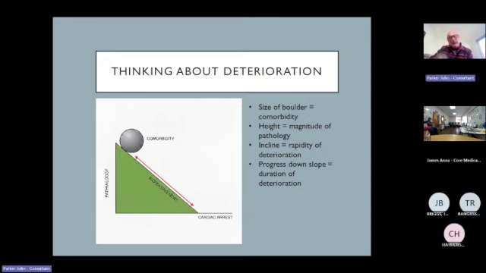Back to our boulder and this little schematic. Now, as you'll see in some of my slides, I have not corrected some of the AI generated spelling errors, so they're there for humour value. But essentially, for a patient that's deteriorating, the first thing is our boulder and how much mass it's got, how big it is, and that size of the boulder you can think of as the comorbidity.